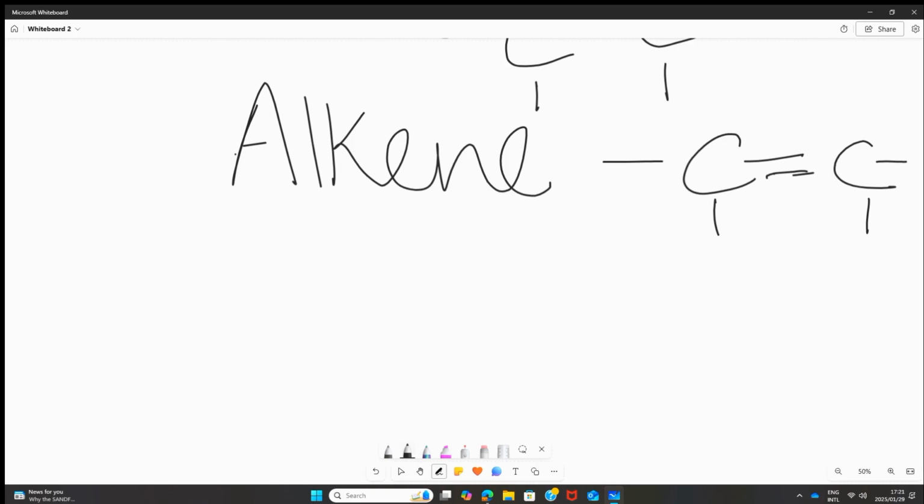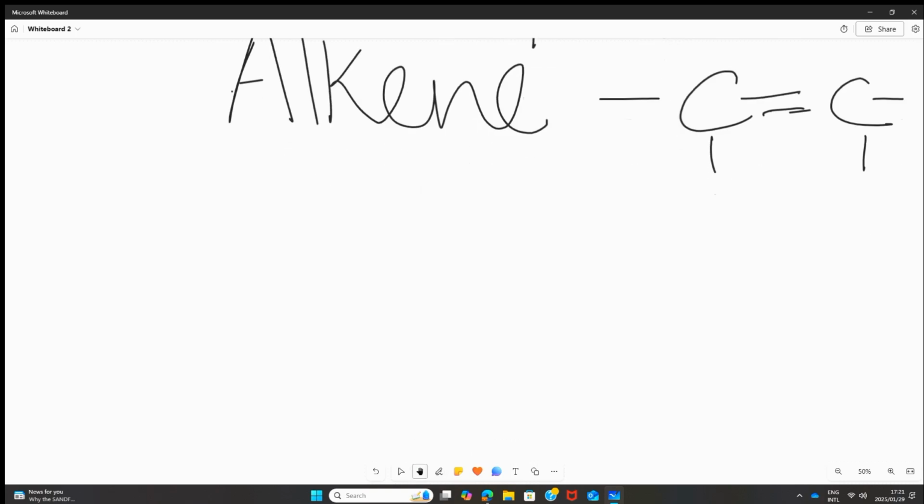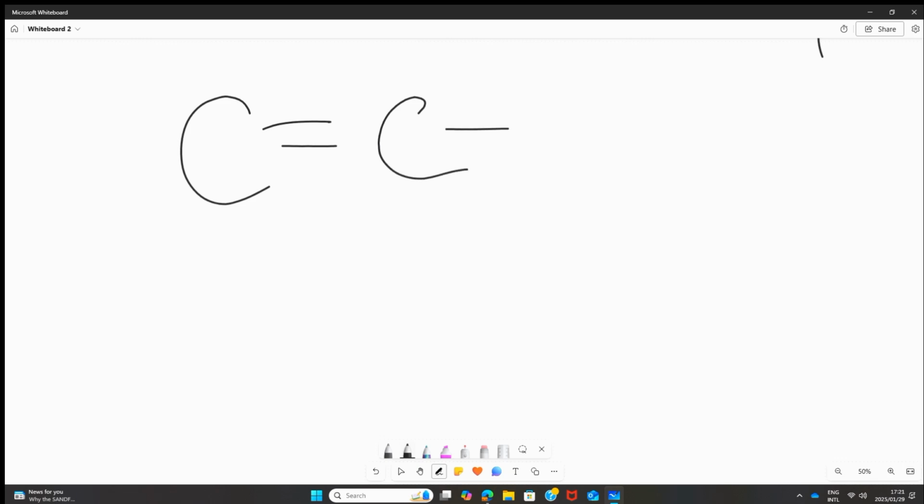A carbon double bond carbon, at least one of them. Now, let us actually make up compounds with an alkene. Your simplest alkene would be carbon double bond carbon. We fill with 4 bonds, hydrogen atoms.